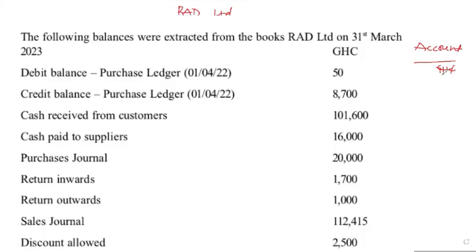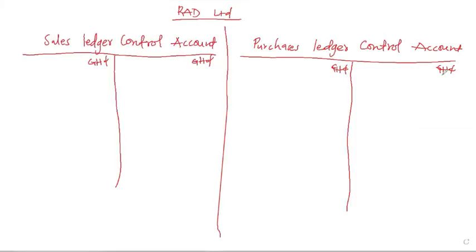You put it on the credit side because it is a creditor's account. But here it is saying that there is a debit balance in the purchases ledger, which is 50. So we have our opening balance, balance brought down, which is 50.